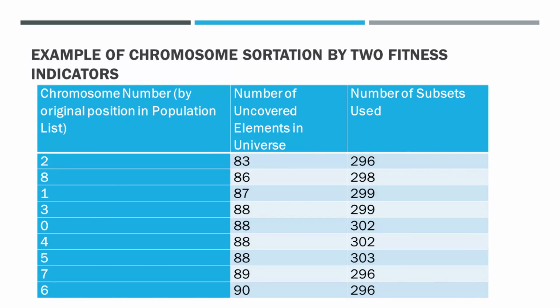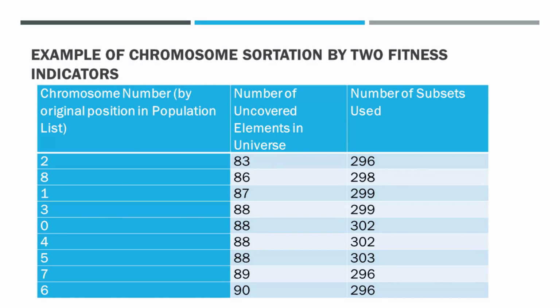In the third column, we have the number of subsets that we used for each of those chromosomes, and the number of uncovered elements as well. And here you can see that it's not an exact sorting from the smallest to largest. We'd have several variations in that because we're sorting based on the number of uncovered elements first.